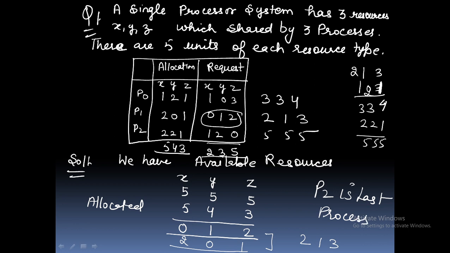You can say there exists a safe sequence: first of all P1, then P0, then P2. If we satisfy first P1, then P0, then P2, then there is no deadlock created, and that will be the safe state. This is the safe state.